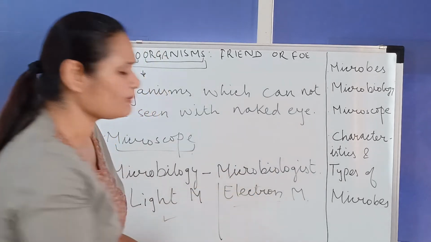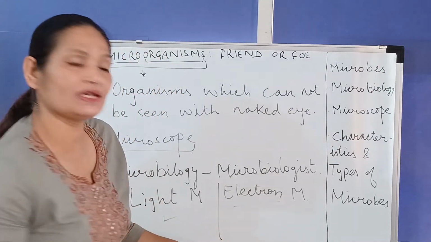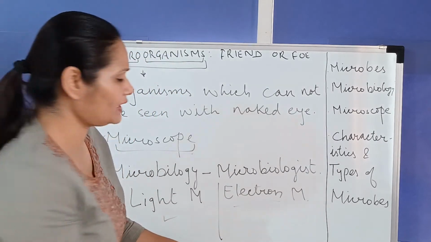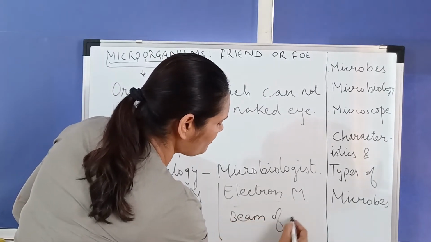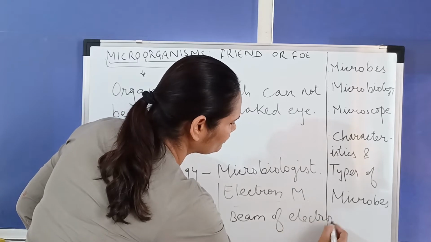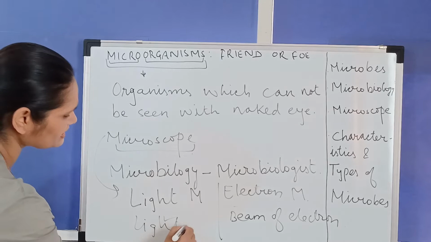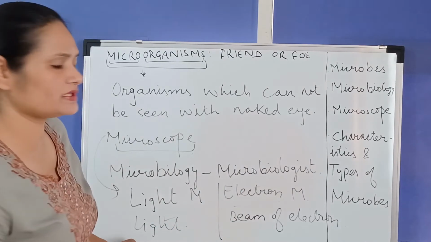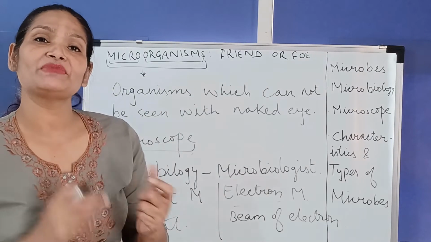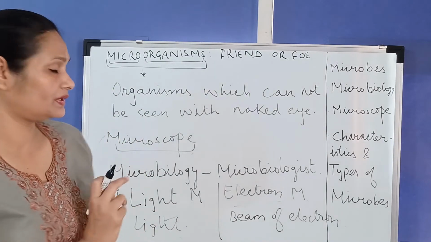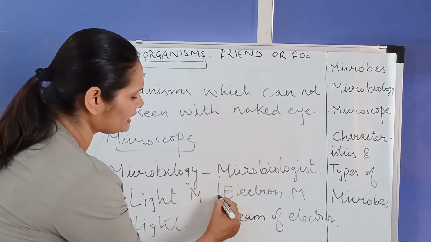However, in an electron microscope, a beam of electrons is used for illuminating the object so that we can see it. So here a beam of electrons is used, and here, as the name indicates, light is used to illuminate the object. Now, if we have to study something in detail, like internal structures of the cell, then for that we require an electron microscope.